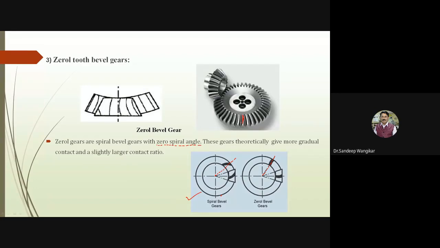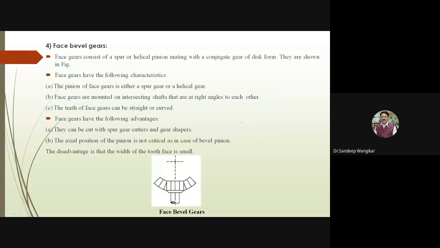Next, face bevel gears. A face gear consists of a spur or helical pinion meshing with a conjugate gear of disc form, as shown in the figure.